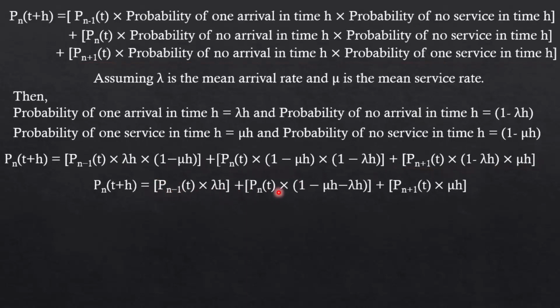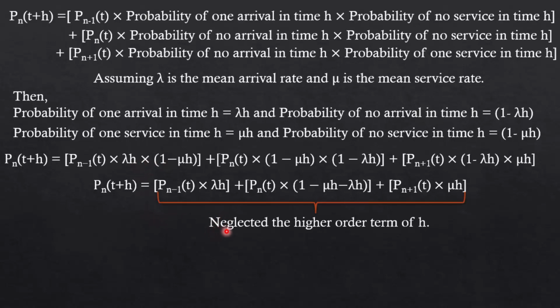We have simplified this equation, and what we have done is we have neglected the higher order terms of h. If we take lambda h into mu h, we have h square, so we have neglected the terms containing h square and above powers.